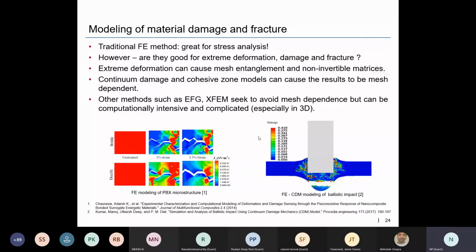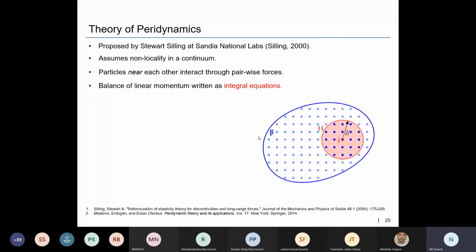So with that, I'll transition into the theory of peridynamics and how this might circumvent some of those problems. The theory of peridynamics is about 20 years old now. It was proposed by Stewart Silling at Sandia National Labs. So it's not just a numerical method. It's a different way of looking at continuum mechanics.